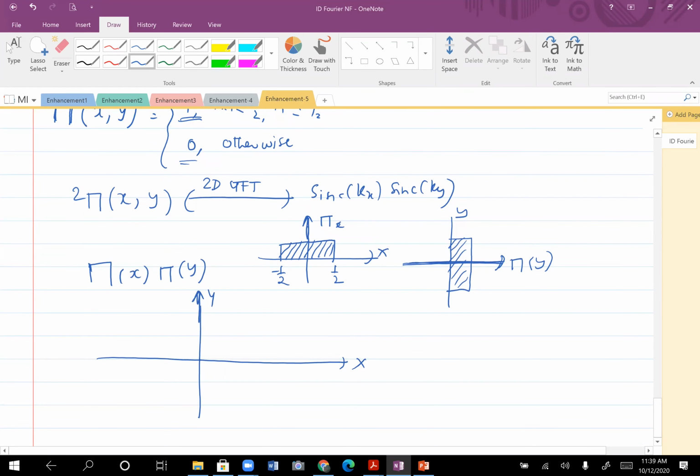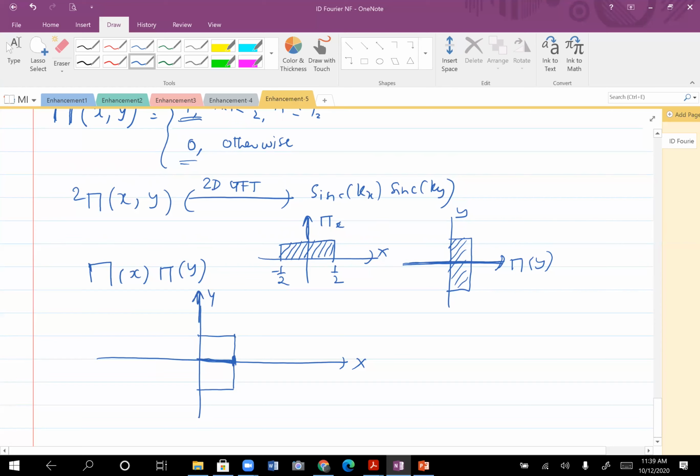For example, you take x from minus 1 by 2 to plus 1 by 2, and here this is 1. Similarly for the other, it is like an AND gate, right? This has to be 1 and the other one also has to be 1. This would happen only in this region.